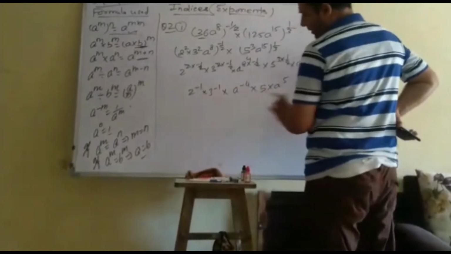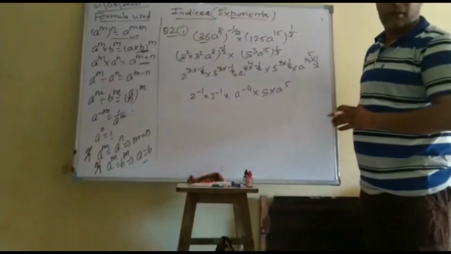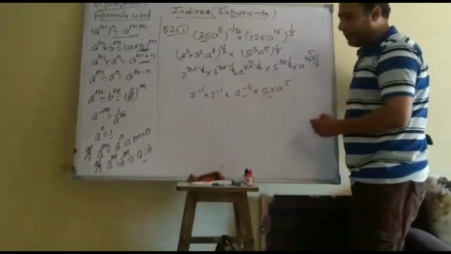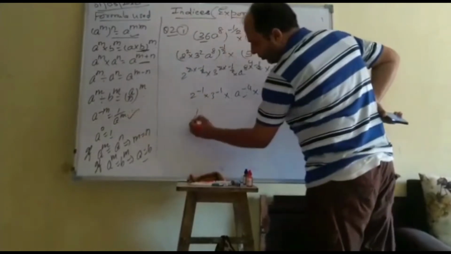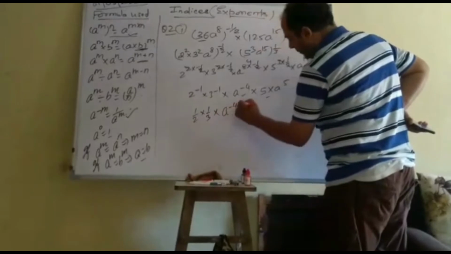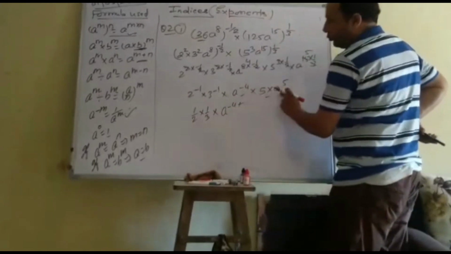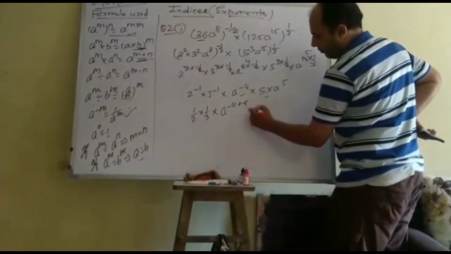Now here see, is there any base the same? Which one? This one? Same base? So now the minus sign, apply this form. So 1 upon 2 into 1 upon 3, a raised to power minus 4, now into, which formula? This one. Into 5.